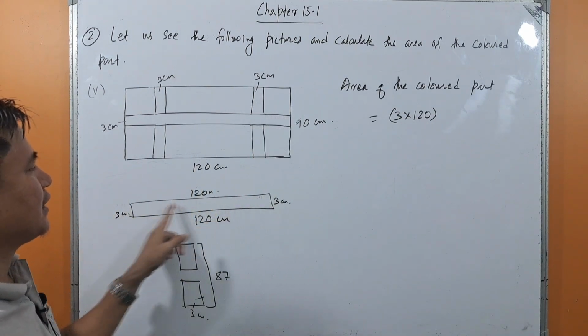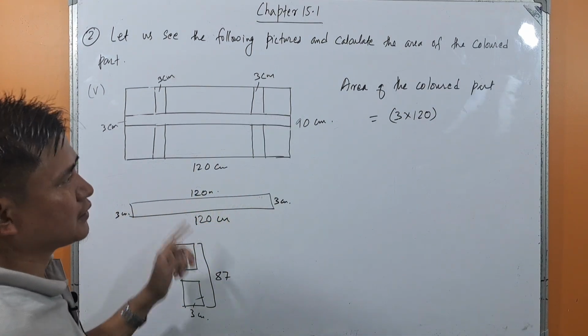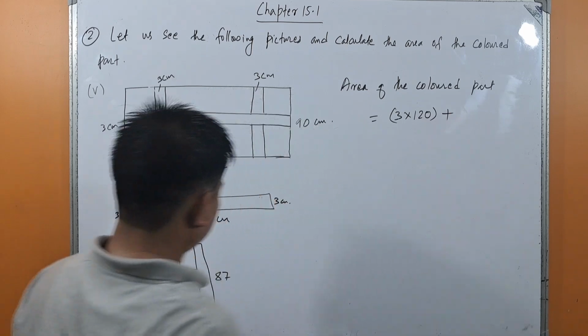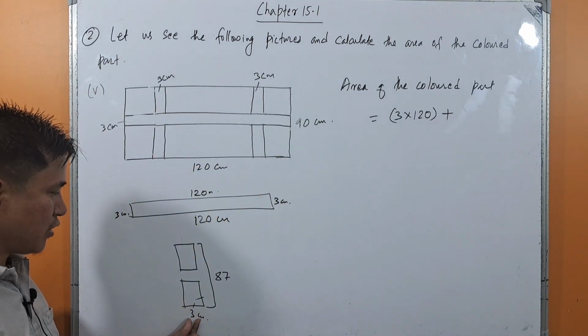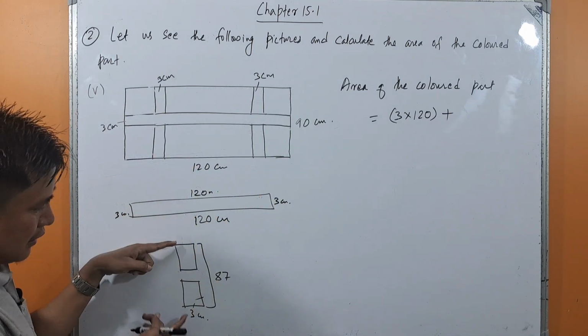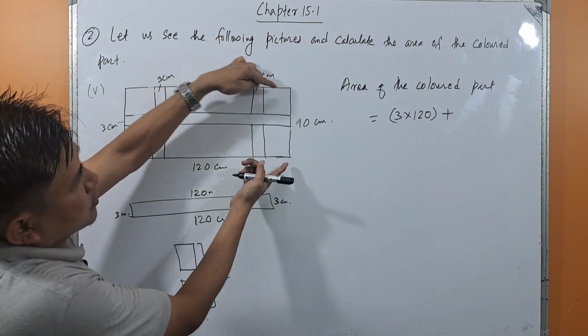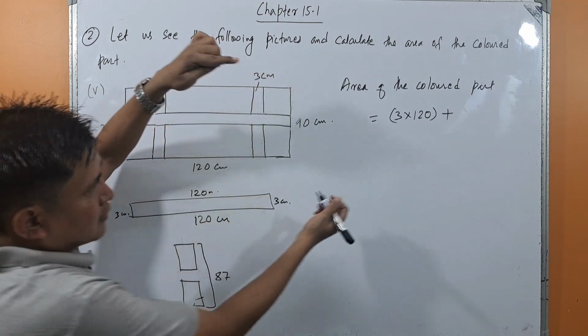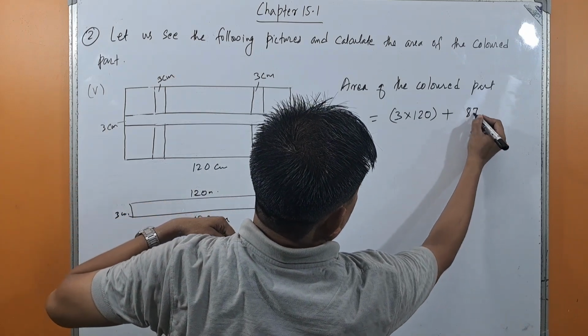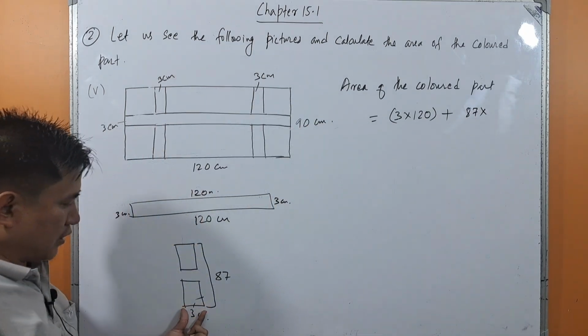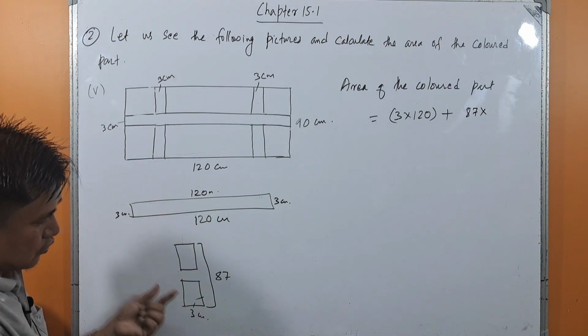This is the area of this small but long rectangle, plus now the area of this rectangle is 3 into 87. Length is 87, total was 90, but we subtracted 3 from the middle, so 90 minus 3 is 87. 87 into 3.